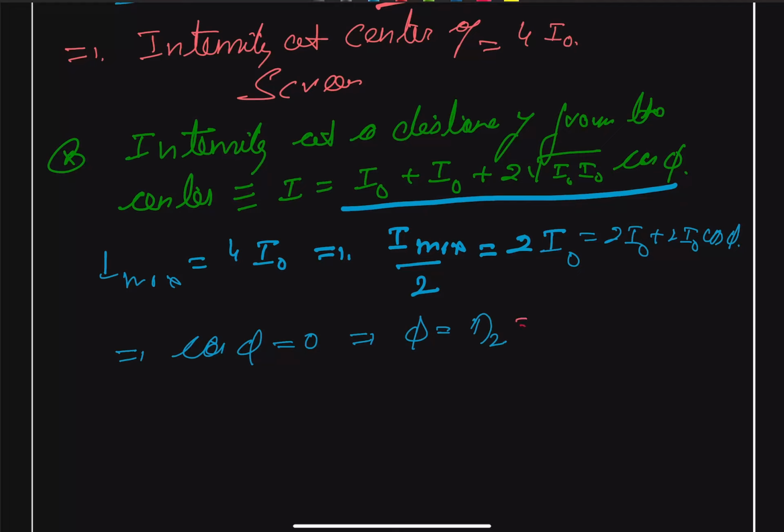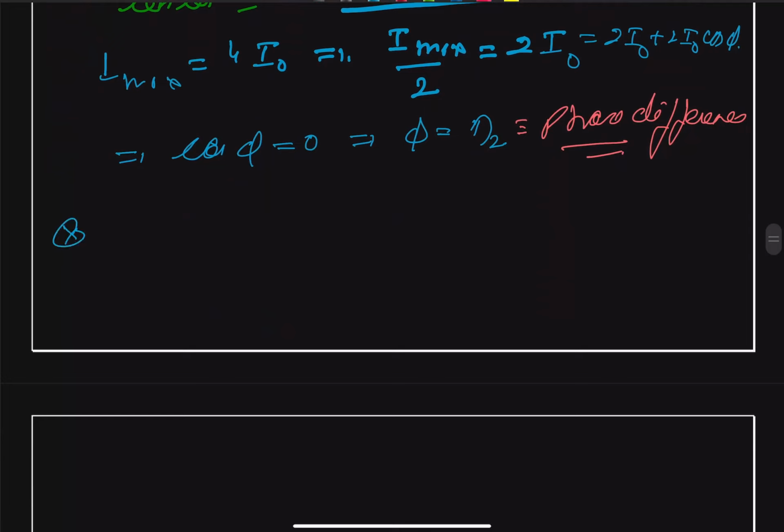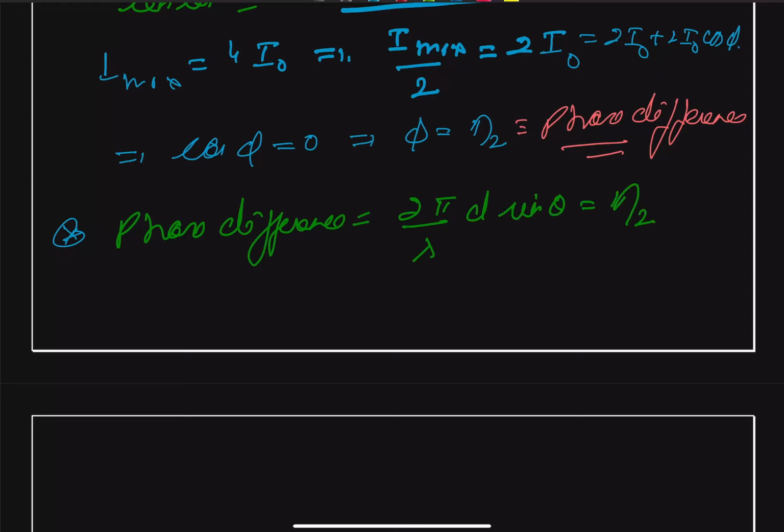So this is our phase difference, and we already know that our phase difference can also be written as 2 pi by lambda multiplied by d sine theta is equal to the phase difference, that is pi by 2.